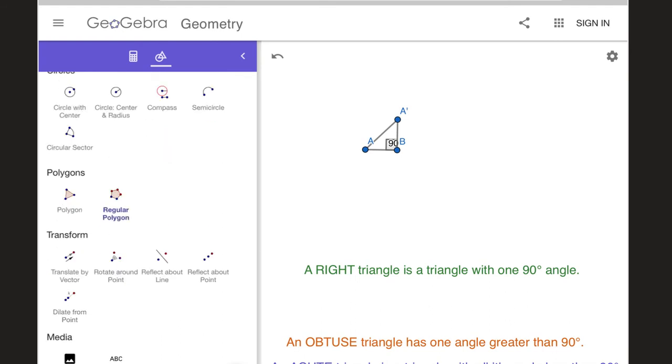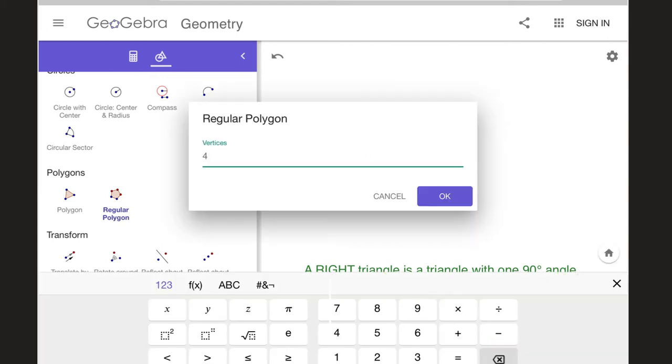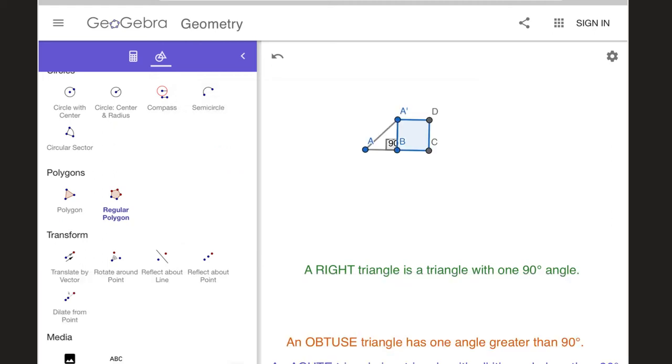Regular polygons make polygons that have the same side length, and squares have the same side lengths. We're going to use the side length from segment AB from the triangle to make that. And there are four vertices, points on a square. So there is our square.